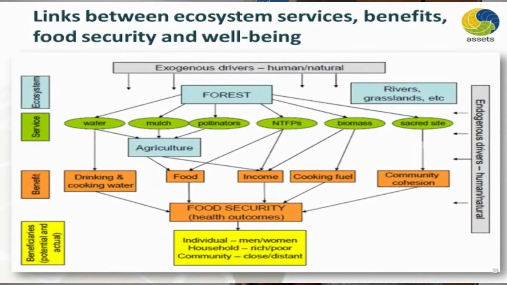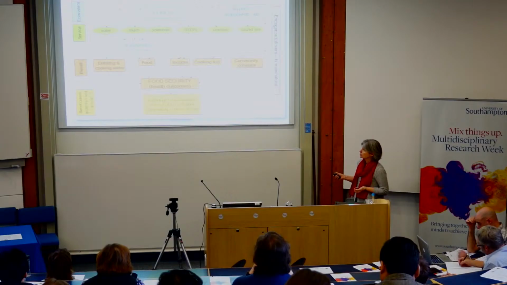For example, non-timber forest products that can include game or wild harvested fruit and nuts can be directly eaten, but they can also have an indirect contribution by being sold for income, which people can then use to buy food. And a lot of these services provide an indirect contribution to food via agriculture, as pollinating services, for example, water for agriculture, mulch, and so on.